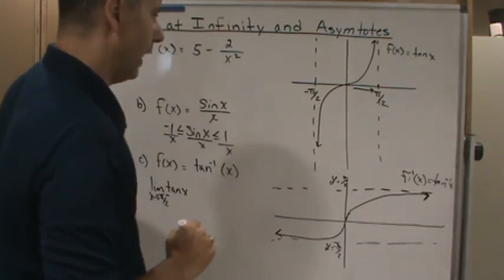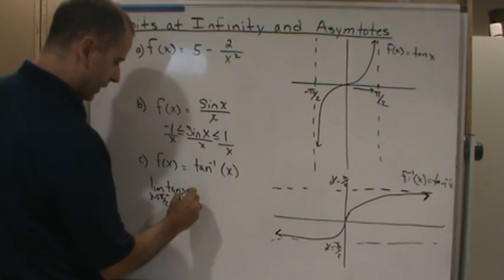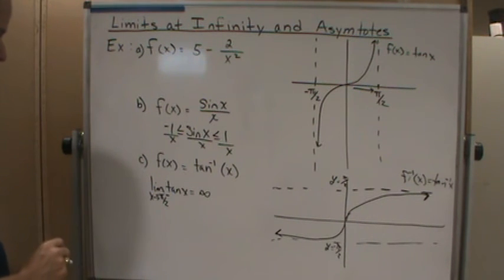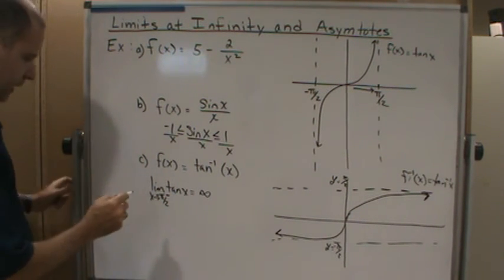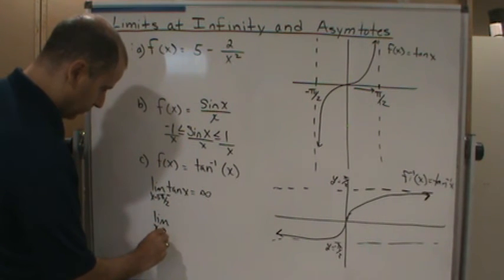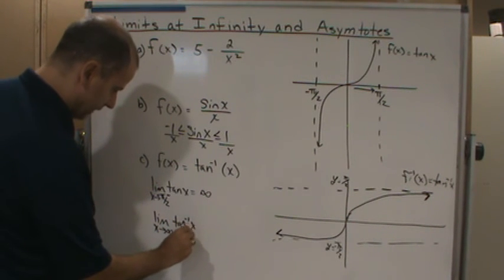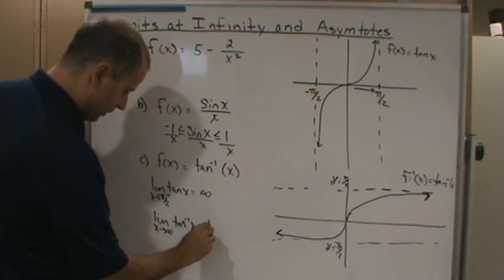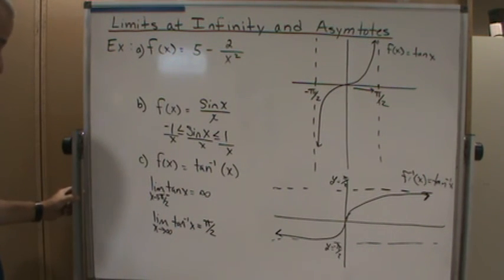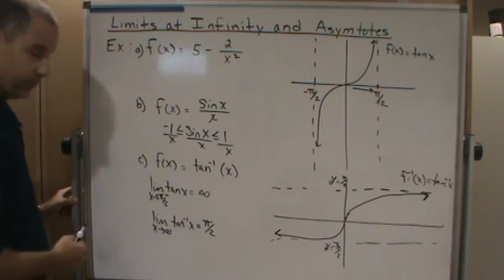What happens? I see that the limit as x approaches pi over 2 from the left is going to positive infinity. Which tells me the limit as x approaches positive infinity of tangent inverse of x has to equal pi over 2, because they're inverses of each other. So look what I did, I just flipped the 2.